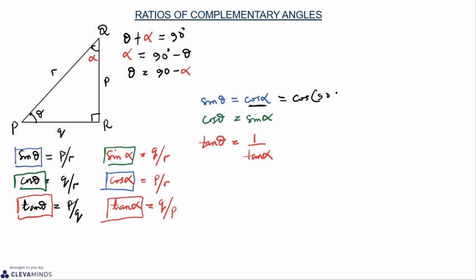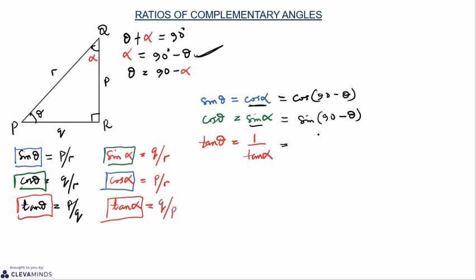So this is cos 90 minus theta. Then also, using sine, this will be sine 90 minus theta, because alpha is 90 minus theta.